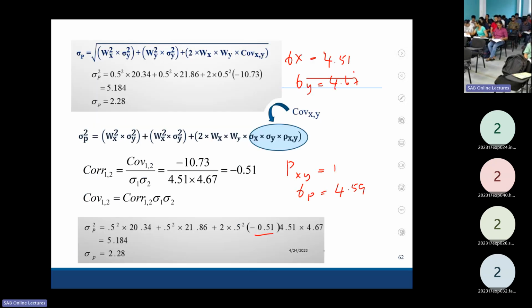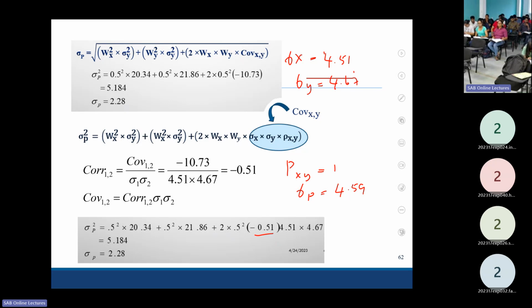Taking our example, the calculations are clear. If the correlation coefficient is perfectly positive one, portfolio risk is equal to the weighted average standard deviation value.